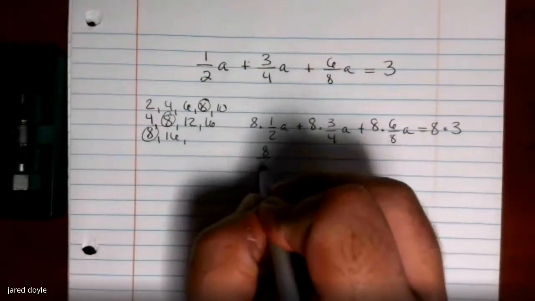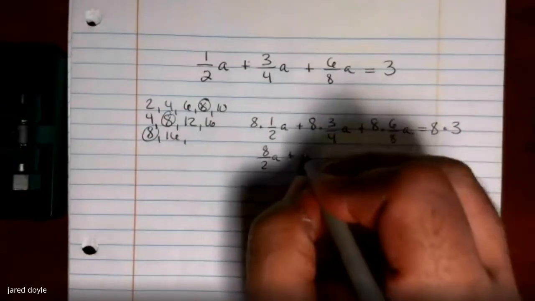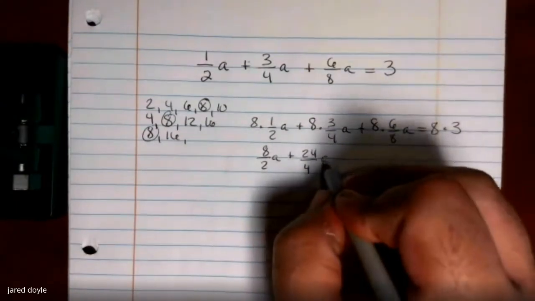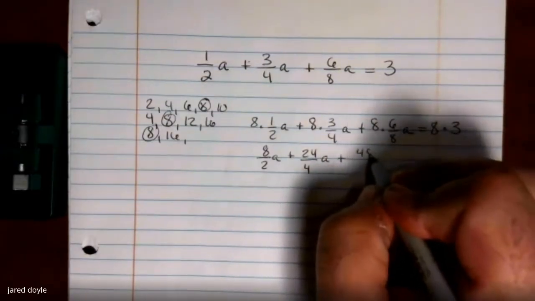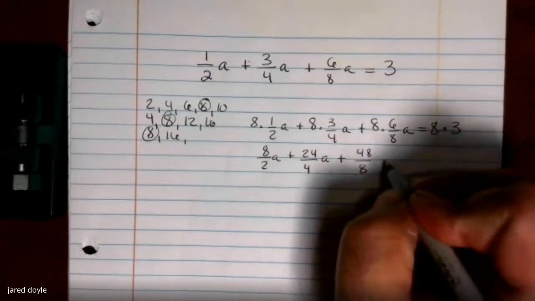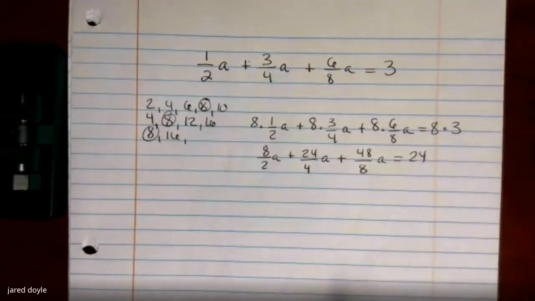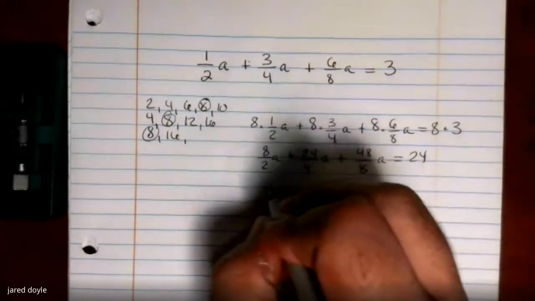All right, so let's go ahead and multiply these. We get 8/2 a, 24/4 a plus 48/8 a equals 24.